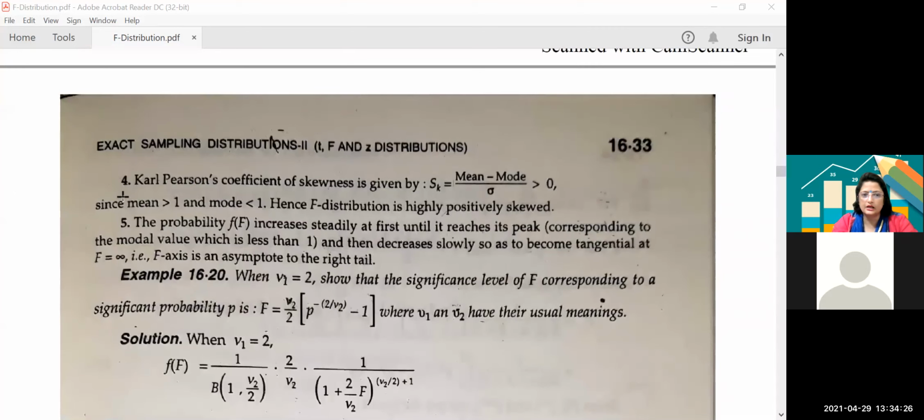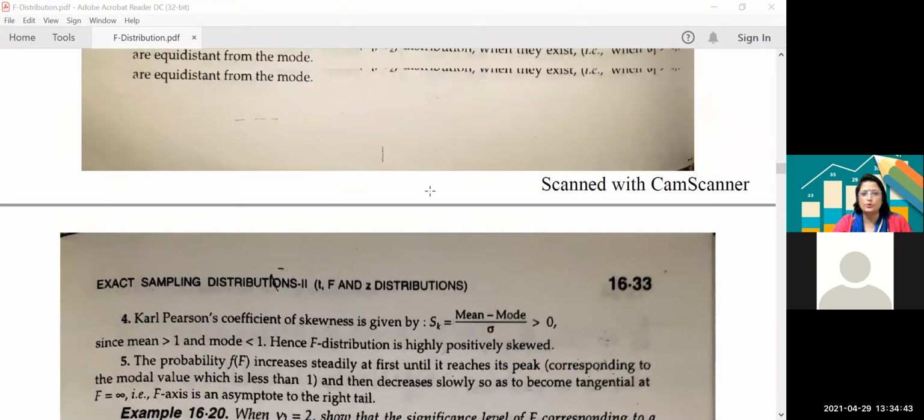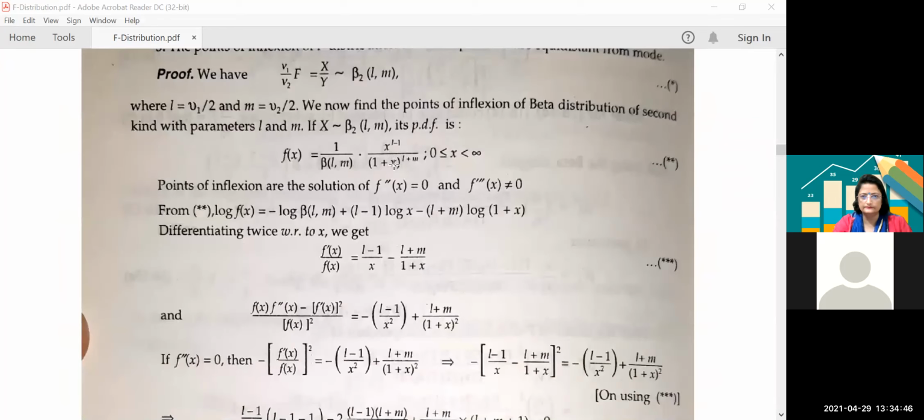So now next is Karl Pearson's coefficient of skewness. The formula is mean minus mod divided by sigma. So since mean is greater than 1 and mod is less than 1, therefore F distribution is highly positively skewed. So what was the mean of the distribution?